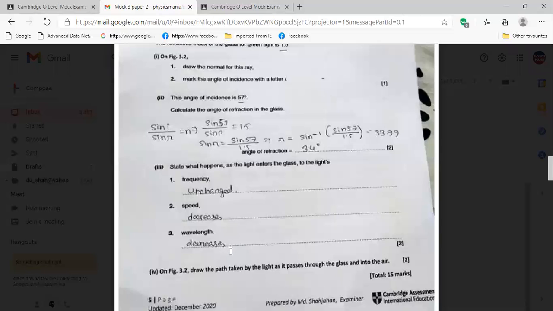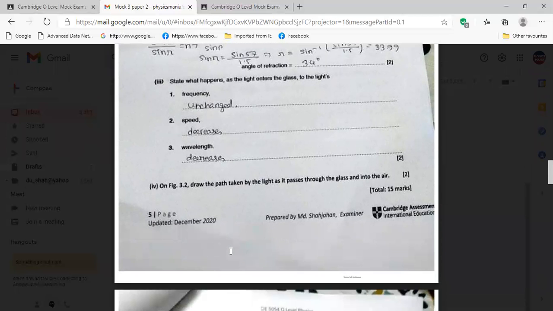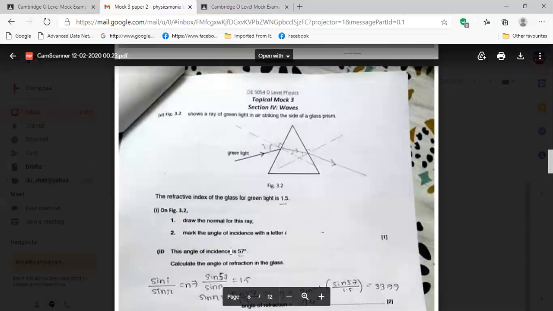Say what happens as the light enters the glass to the light: frequency unchanged, speed decreases, wavelength decreases. Correct. On figure 2.3.2, draw the path taken by the light as it passes through the glass and into the air. So it will not split, a single color will go.